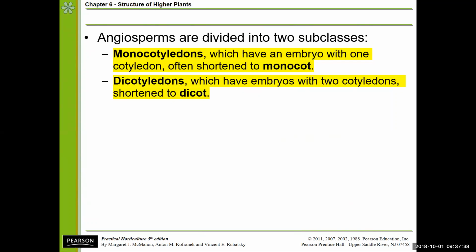And we have two subclasses of angiosperms, monocots and dicots. Right now, big thing on monocot and dicot: monocots have one cotyledon, the seed leaf that pops up, and dicots have two.